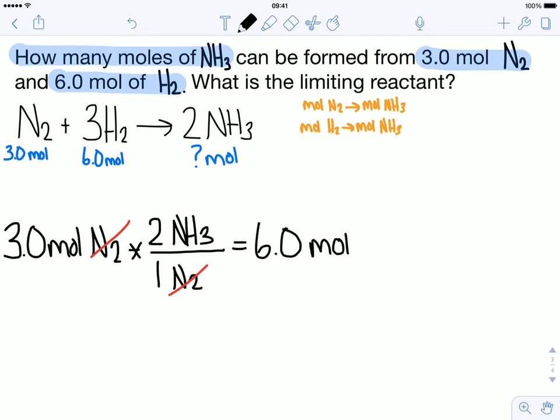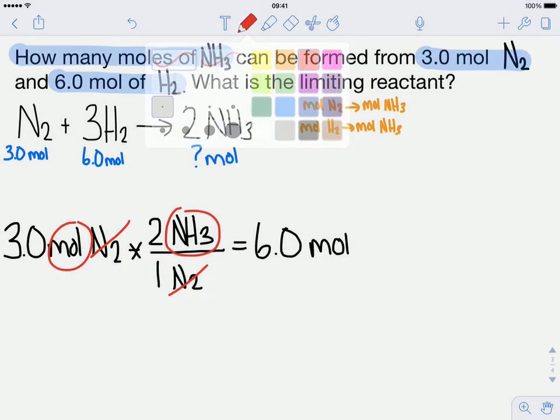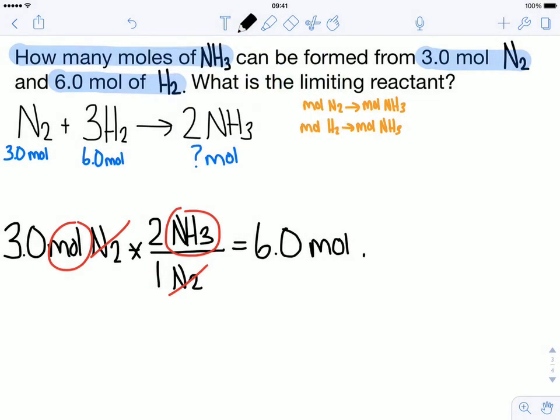What are we left with? We're left with moles of NH3. So moles of NH3. And that was our first goal up here. We took moles of N2 and we converted them into moles of NH3.